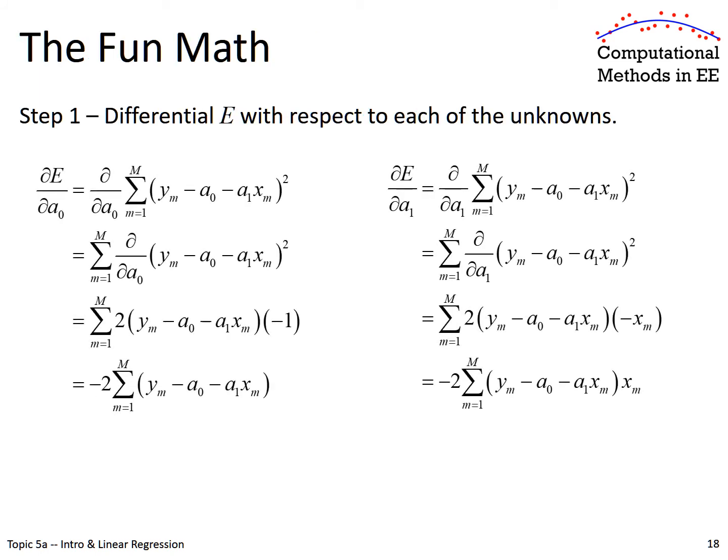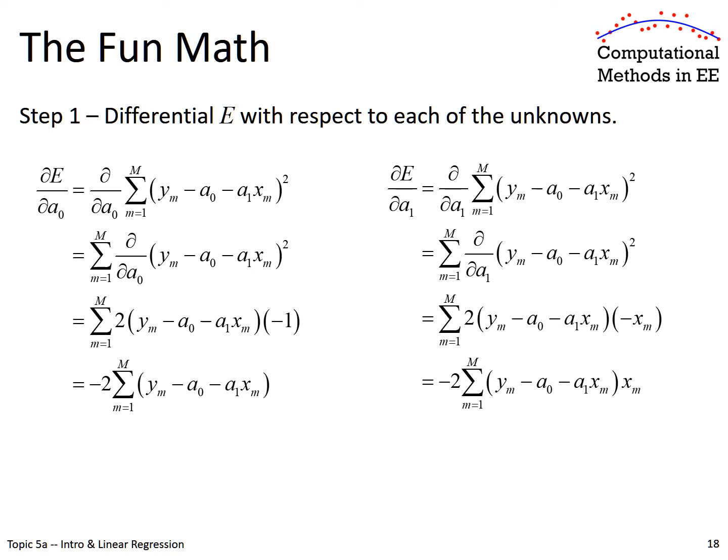Okay, so we have our expression for E. That appears here and here. What we want to do now is differentiate it twice because we have two parameters that we're fitting to. If we had 3 or 4, we'd be taking 3 or 4 derivatives. But we take a partial derivative of our criterion, our error function, with respect to each parameter that we're trying to solve for.